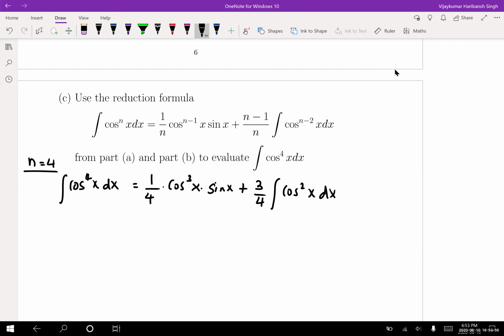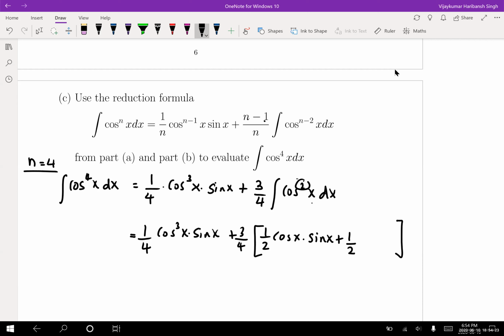Now we can apply the reduction formula again. So 1 by 4 cos cube x sine x plus 3 by 4, in bracket, what is the integral of cos square x? So here n is 2 now. So 1 by 2 cos to the power n minus 1, which is going to be cos x times sine x, plus n minus 1, so 2 minus 1, which is 1, divided by 2 times integral of what?